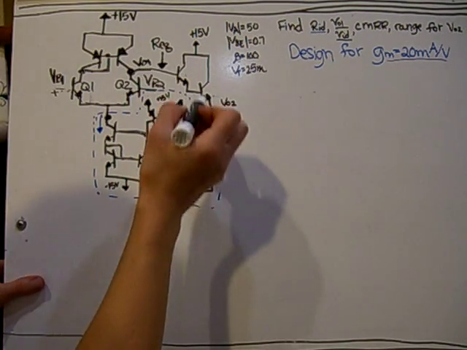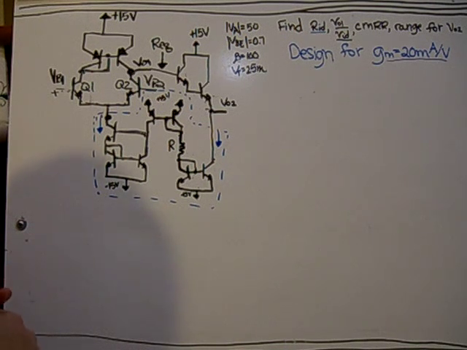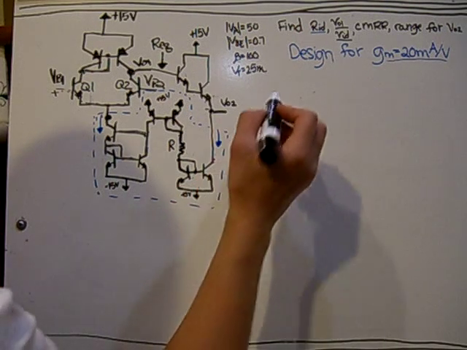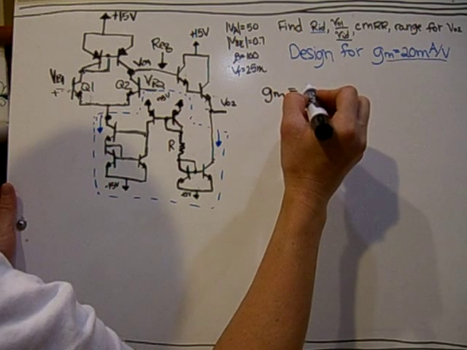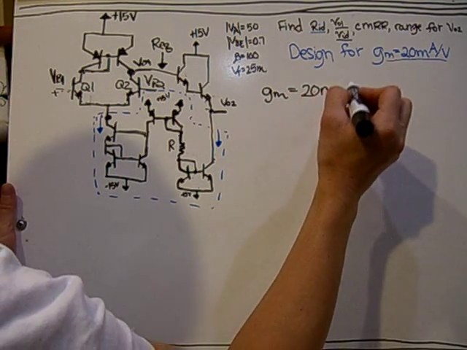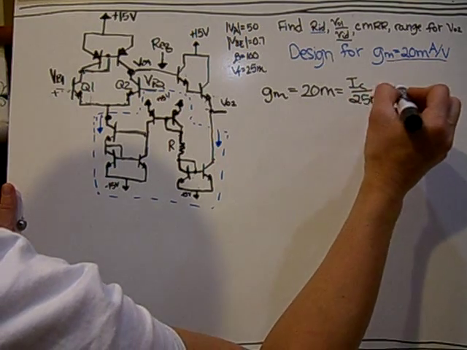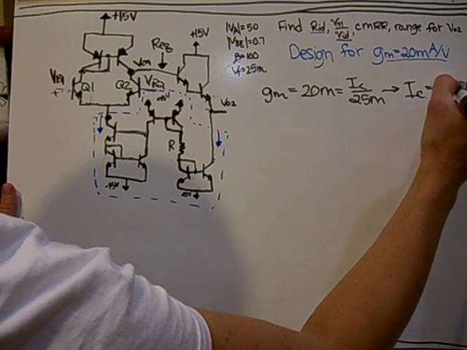We know we're going to have to use this current to find some of the variables here. So we need to find the currents. Again, we'll use GM to find that. GM, 20 milli, is equal to IC over VT, which is 25 milli, which gives an IC of 0.5 milliamps.